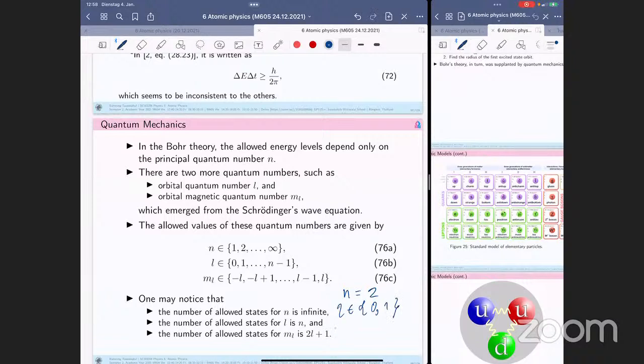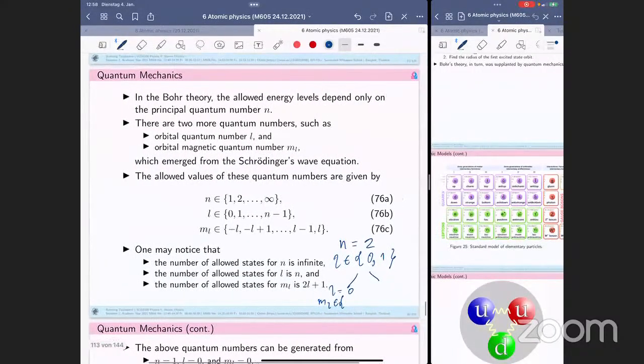And then ML depends on L. There are two cases. When L is 0, ML could be only 0. There is nothing more.